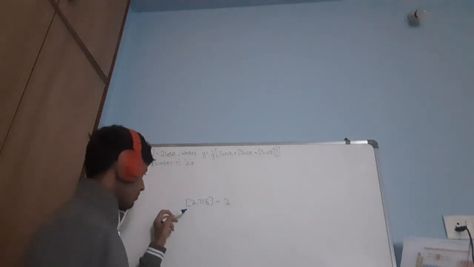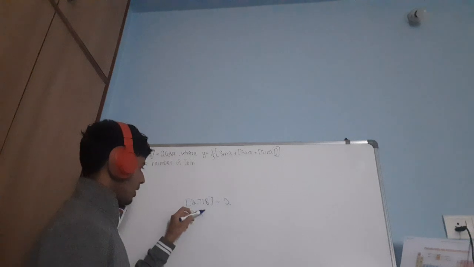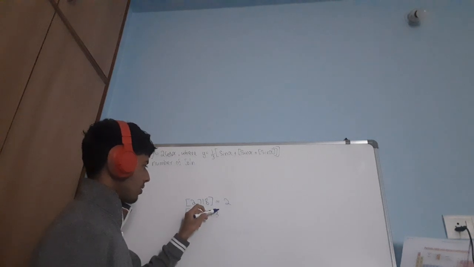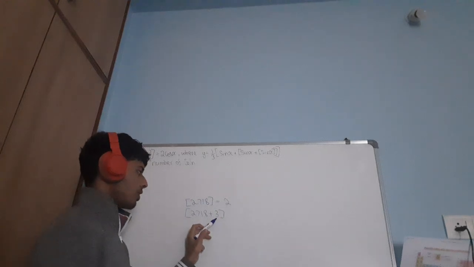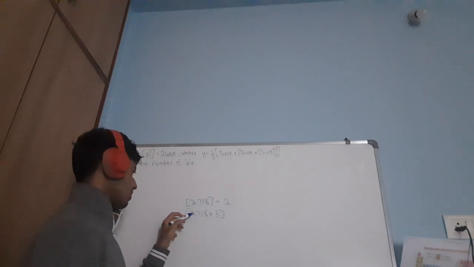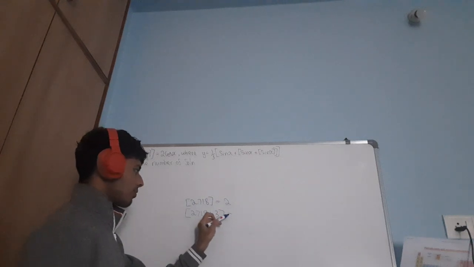So now, imagine I write something like 2.718 plus 3. This is an integer. So this gives you something like 5.718, and if you take the box of it, it just gives you 5.